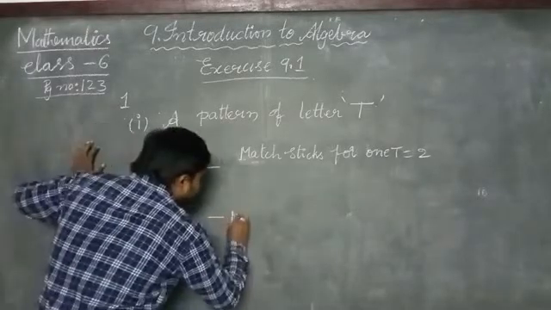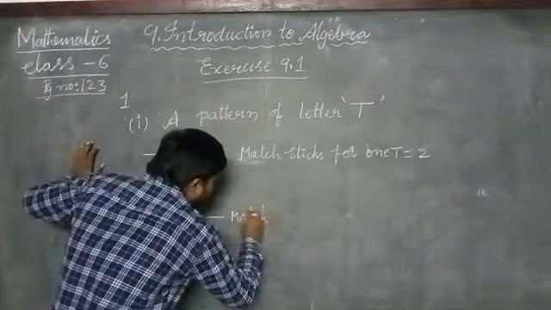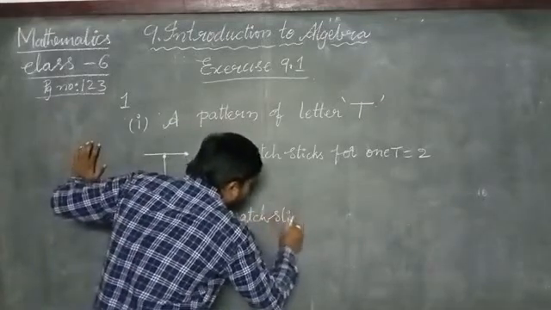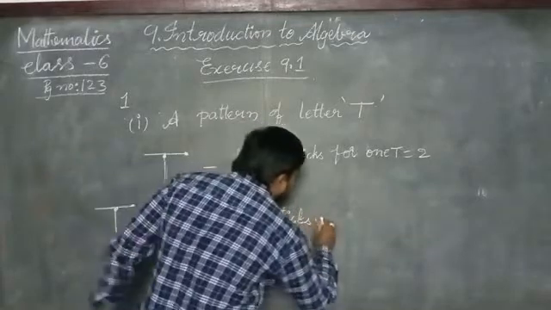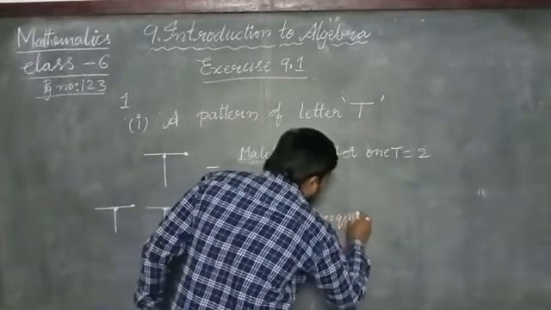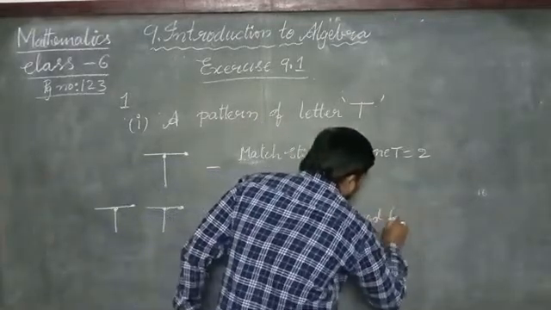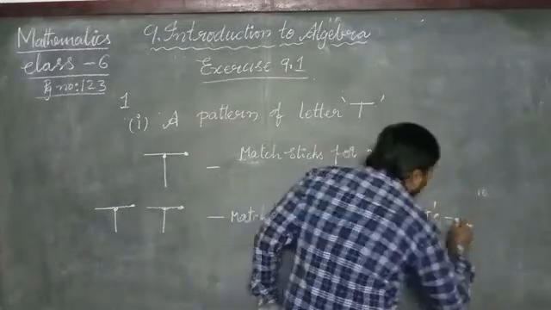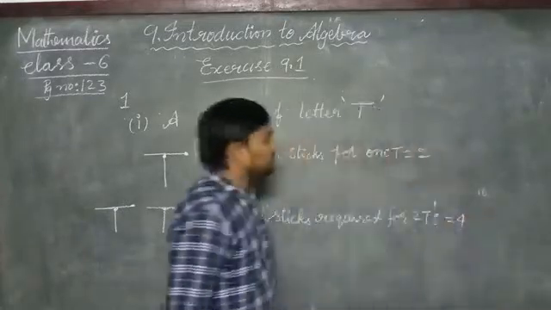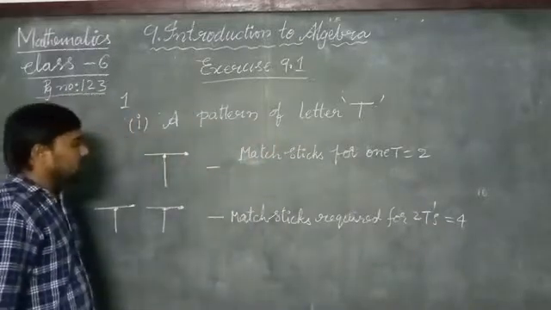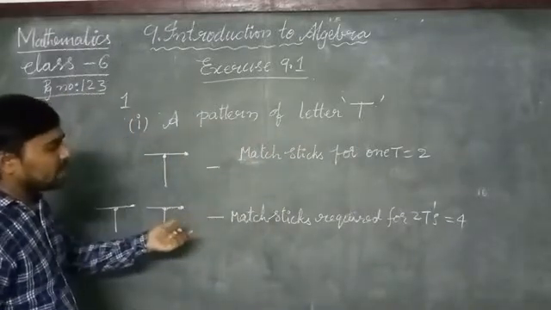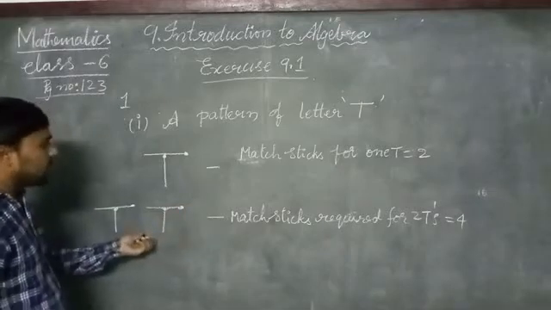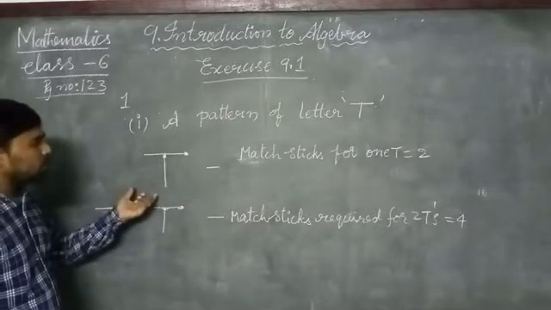Matchsticks required for 2 T's. That are 4 matchsticks we have. We should take 4 matchsticks. With the 4 matchsticks we can make 2 T's.